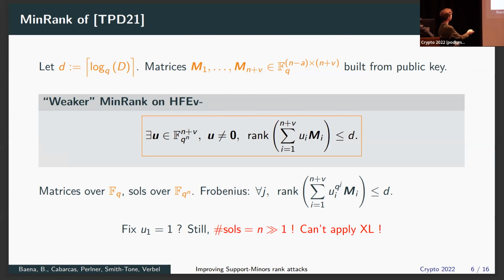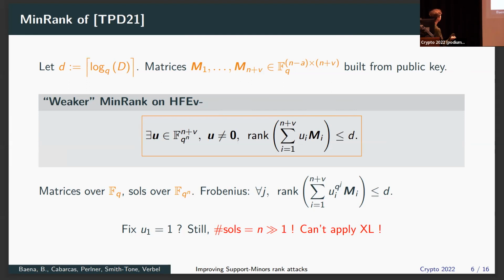And now it turns out that you have some rank small d linear combination between these matrices. If you take your solution vector U over the extension field F_q^n, from the knowledge of any such U, it will be very easy to recover the secret key of the scheme in polynomial time.